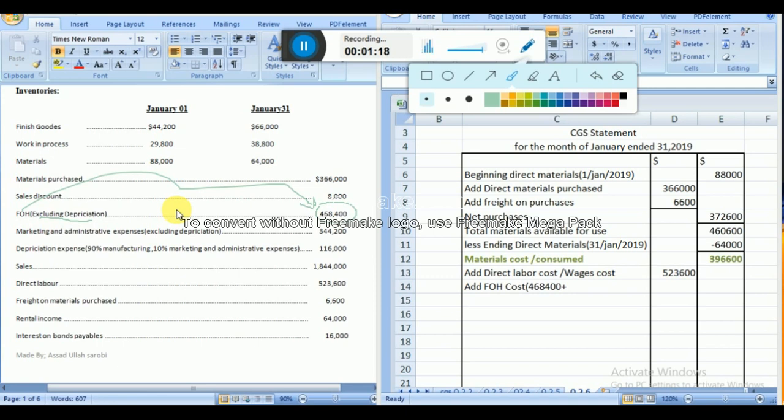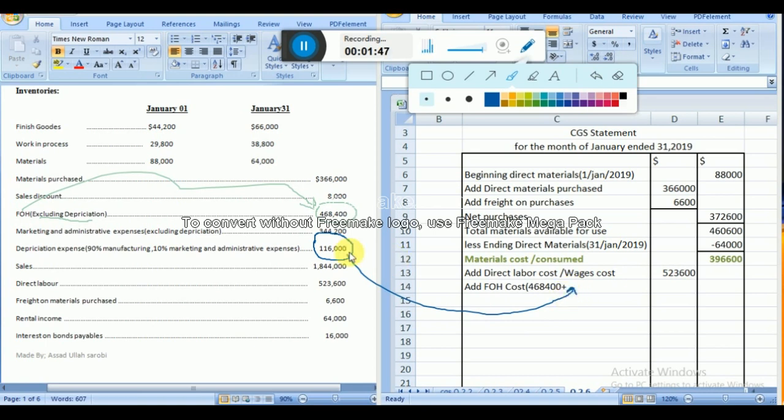We will add the depreciation with the factory overhead. So depreciation is also given. Total depreciation cost is 1,16,000. So should I totally add this 1,16,000 here?